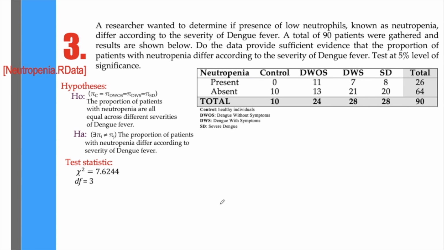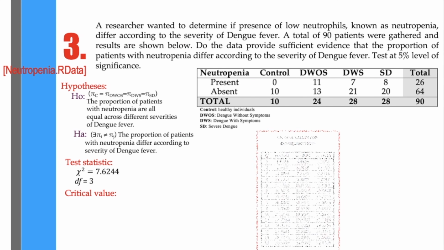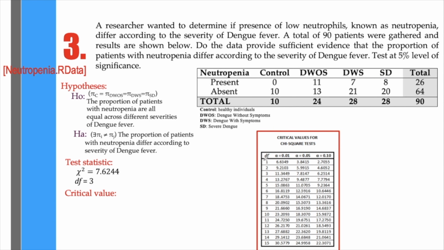As for the critical value, we have a separate table for the critical values of chi-square, which contains the degrees of freedom, in which case we're going to use 3, at alpha 0.05. Then our critical value is 7.8147.